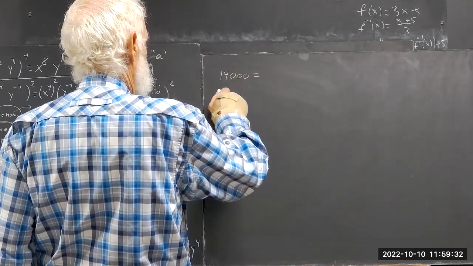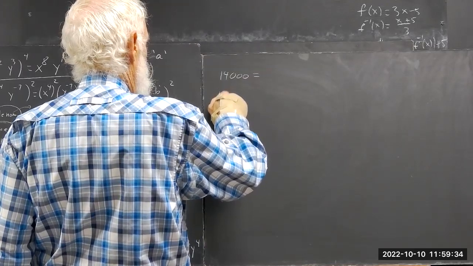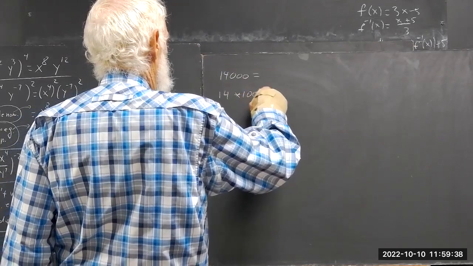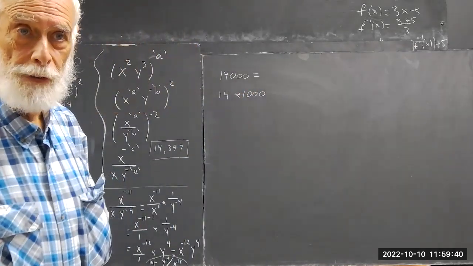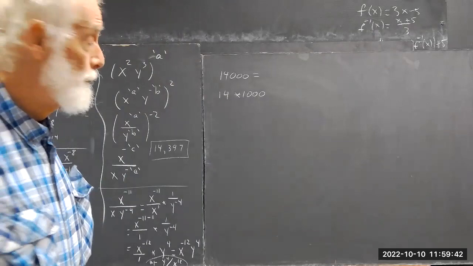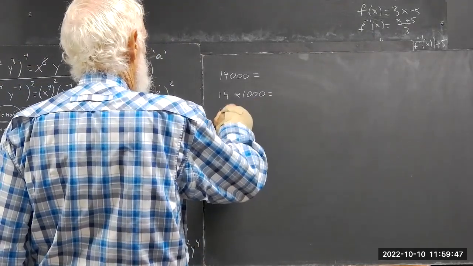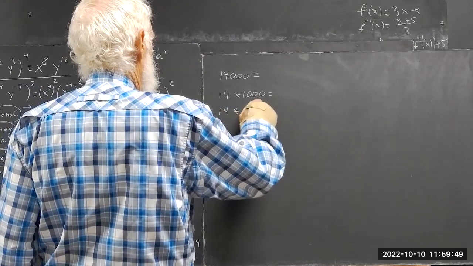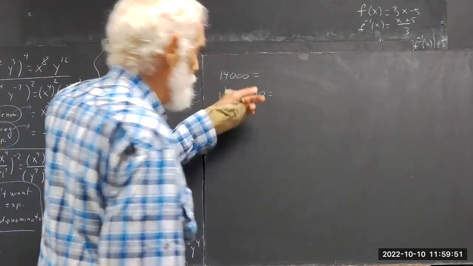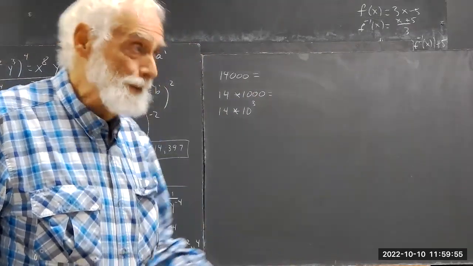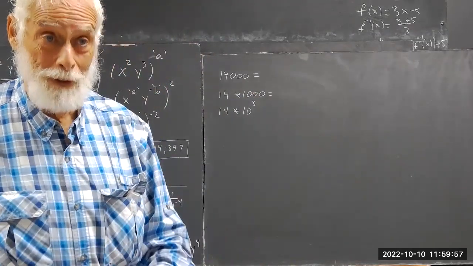It's 14 times 1,000, isn't it? And of course, that could be written as 14 times 10 to the third power, because 10 to the third is 1,000. 10 times 10 is 100. Multiply that by 10, it's 1,000. That's 10 times 10 times 10.